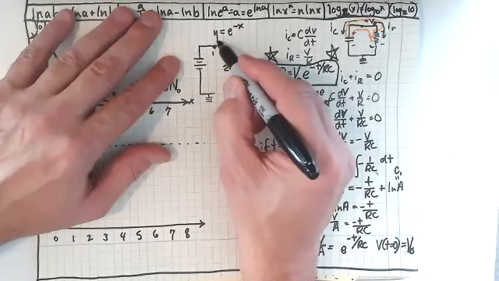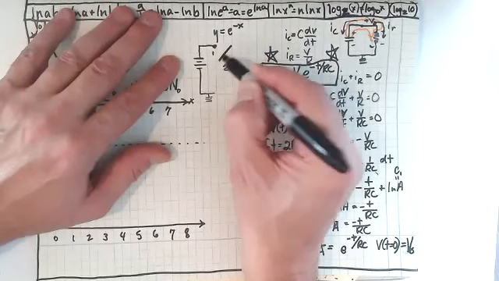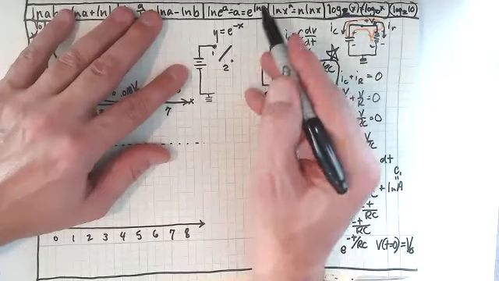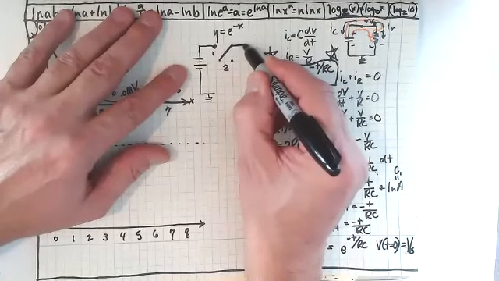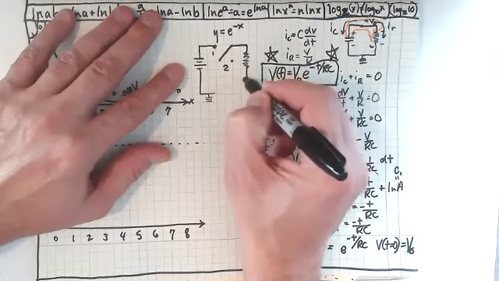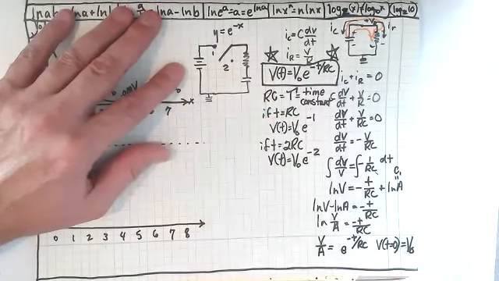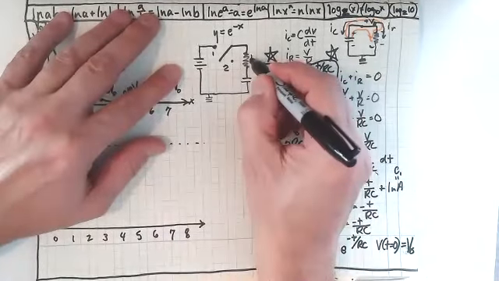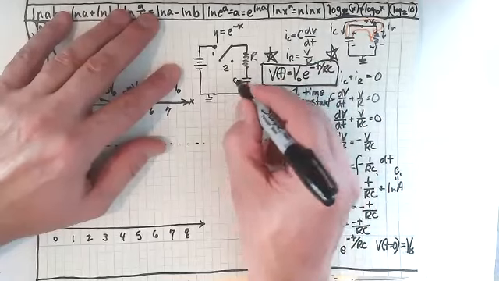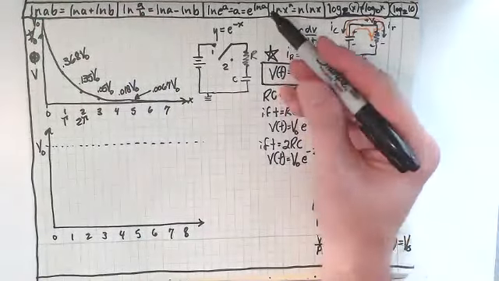So it's a swinging switch. I'll just draw the switch here. It can go to 1, it can go to 2, but then that is connected to a resistor in series with a capacitor, right? So I've got a resistor, I've got a capacitor. I can switch between these two.